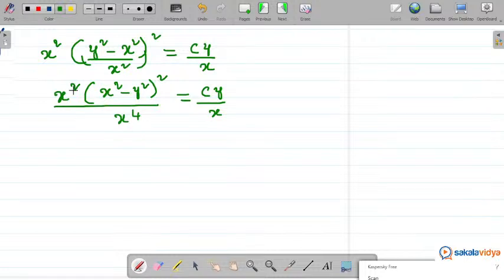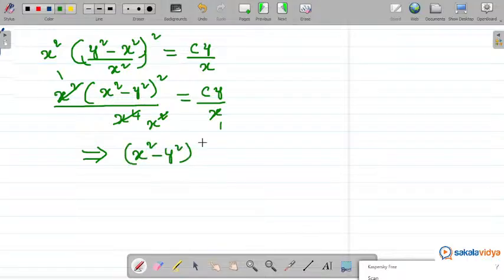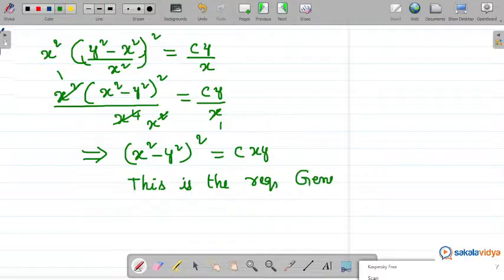So x square by x to the power of 4 gives x square, and with x, cross multiply. What do we get? X square minus y square whole square is equal to cxy. So this is the required general solution.